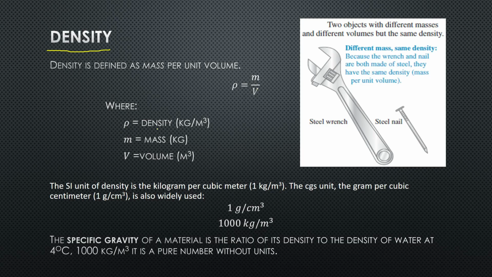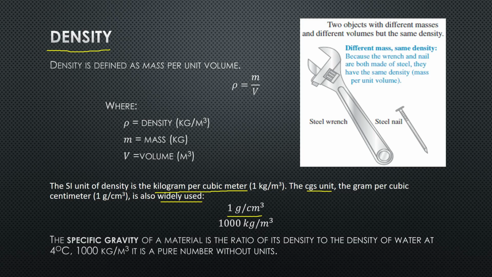Rho is density in kilogram per cubic meter, mass is in kilograms, and volume is in cubic meters. The SI unit of density is kilogram per cubic meter. In CGS, it is gram per cubic centimeter, and this is also widely used.